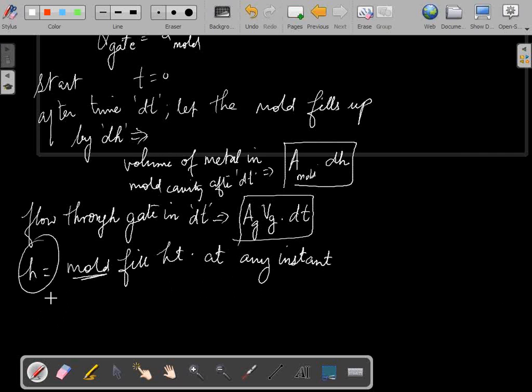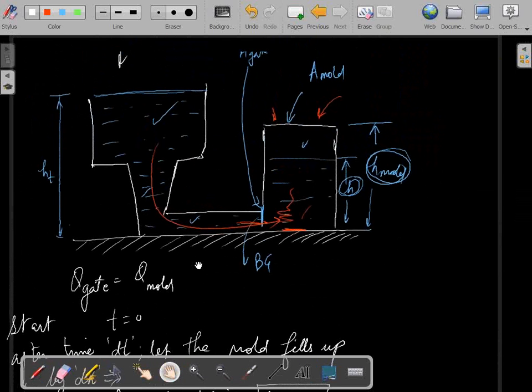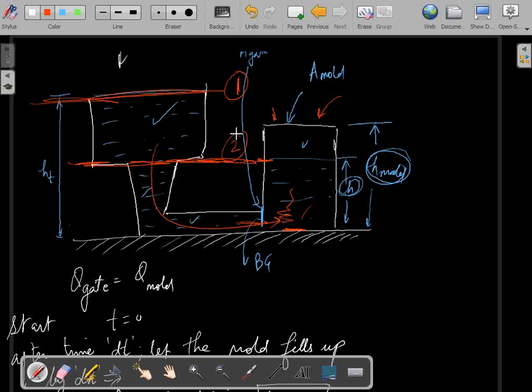Now if you go into the diagram again, let me extend this level. So this is the level I'm interested in, and this is section 1 and this is section 2, up to which the mold cavity is filled.